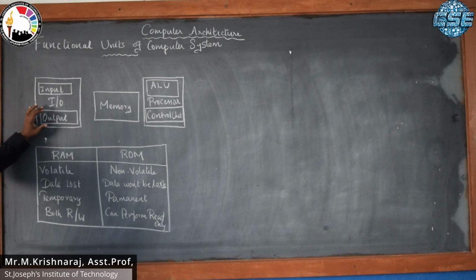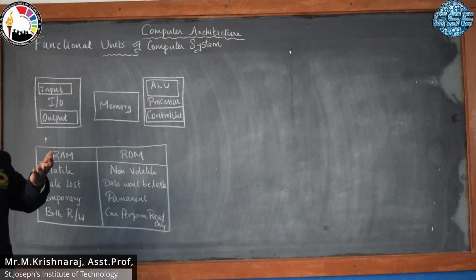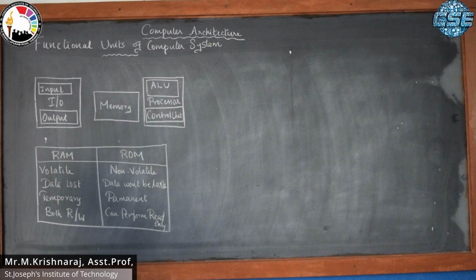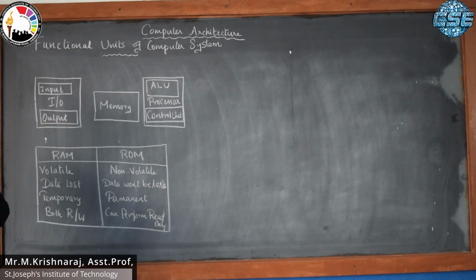When you talk about the output unit, it will provide the desired output to the user in terms of displaying the output on the screen, or in the form of printed format. There are so many output peripherals, like monitor, printer, speakers, etc. These are some output devices.